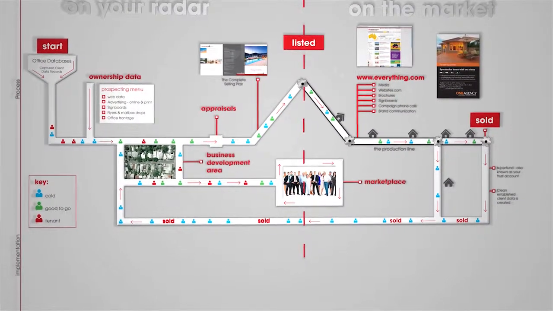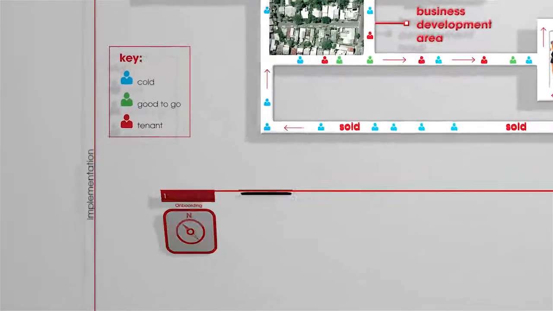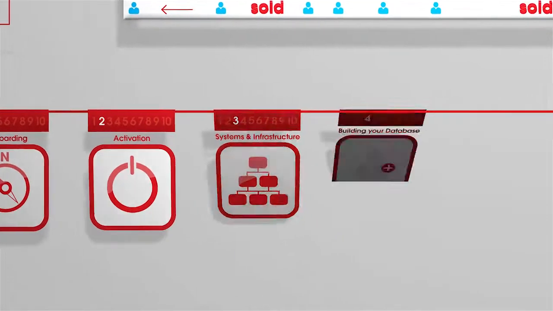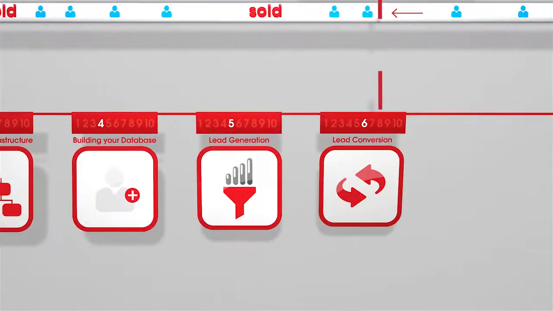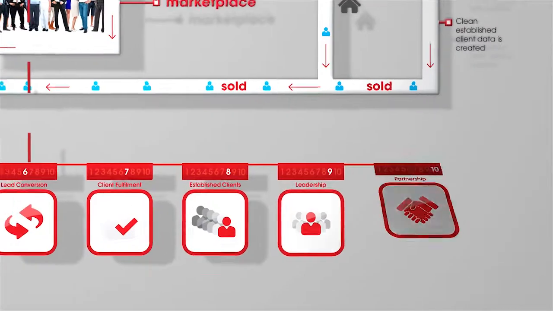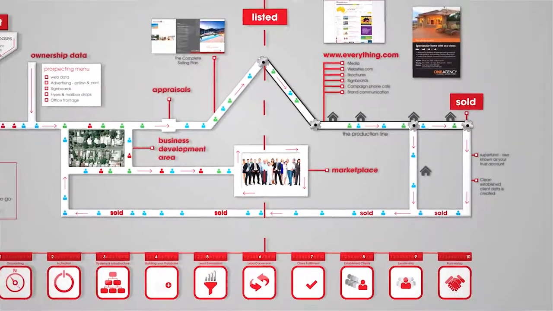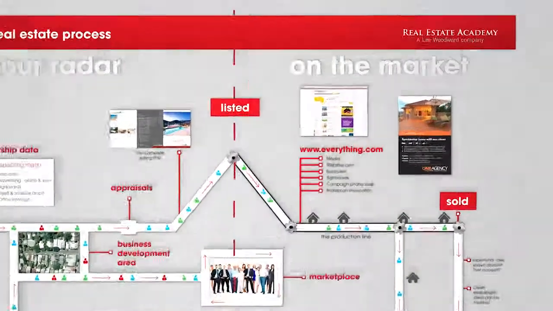This diagram and process is the same for property management and sales. As part of this program, we have developed a full audio learning system that will give you the knowledge, skills, and action plans required to have a profitable and growing real estate business.